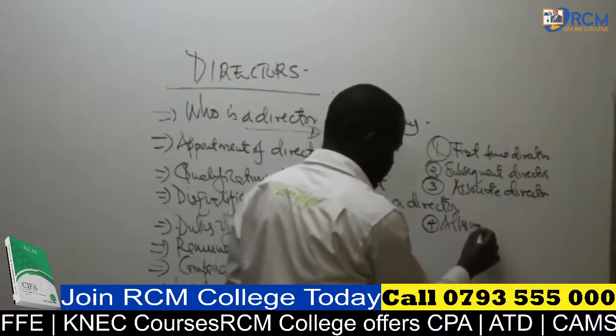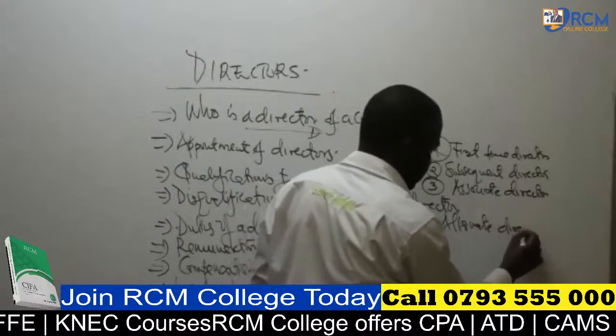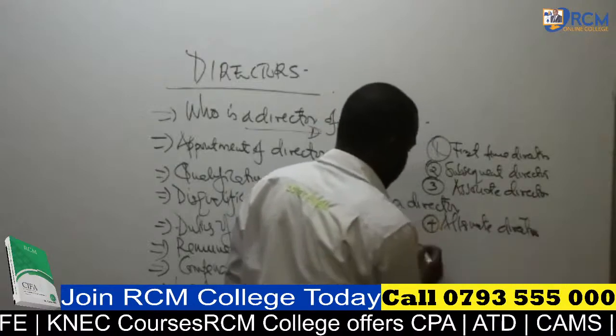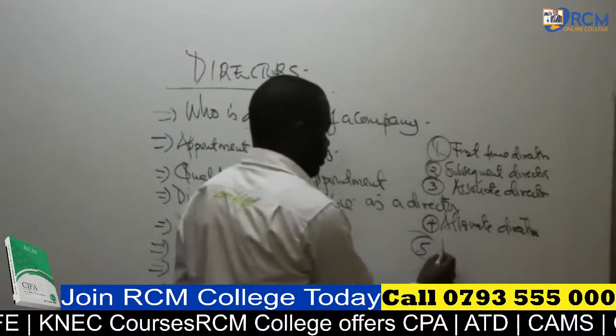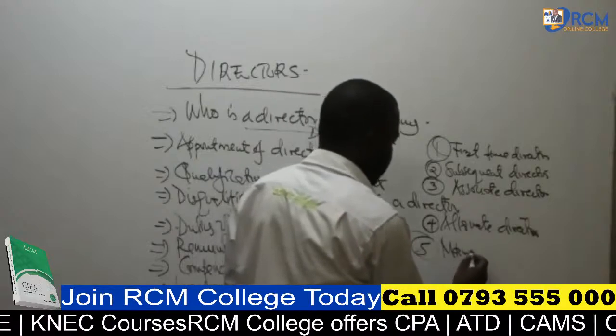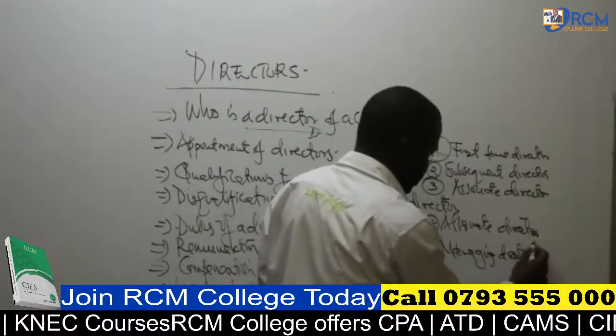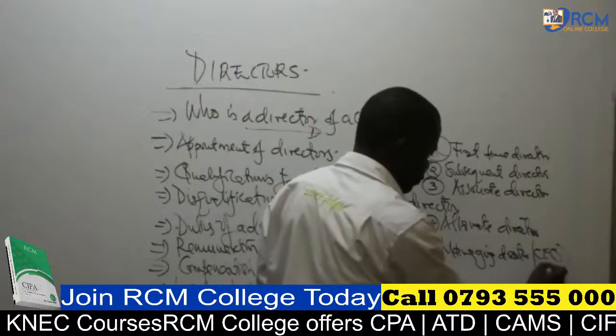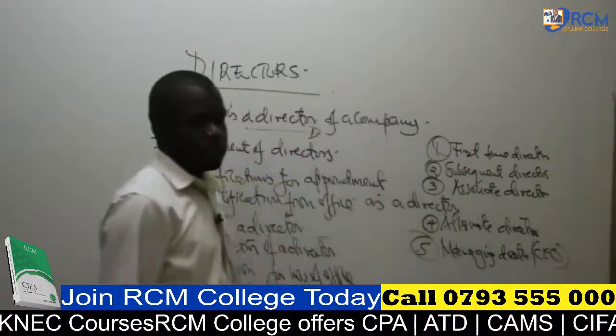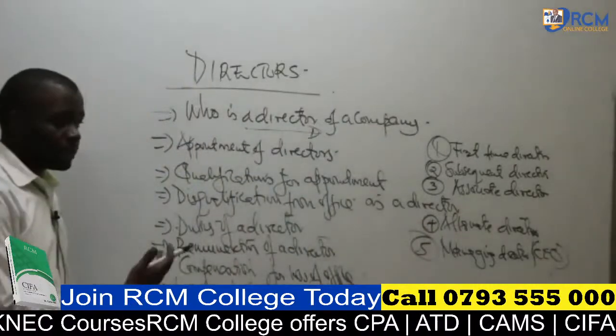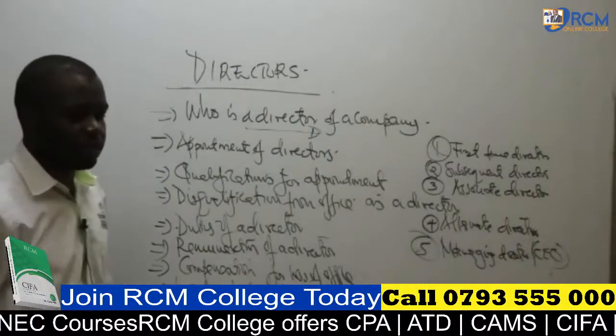You can also become a managing director in a company. In other places, this person will be known as the chief executive officer. These are the ways you can find yourself being a director of a company.